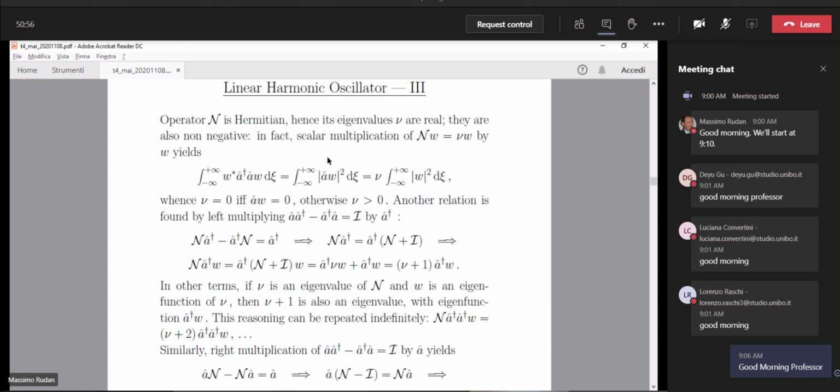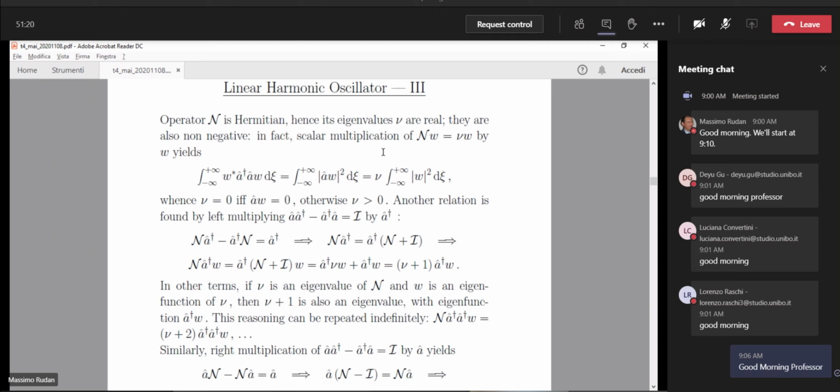Then the right-hand side of the eigenvalue equation is Ni times W, then we multiply it by W star and integrate, so we obtain the integral of the square modulus of W times Ni. Ni is a number, so we can bring it out of the integral.